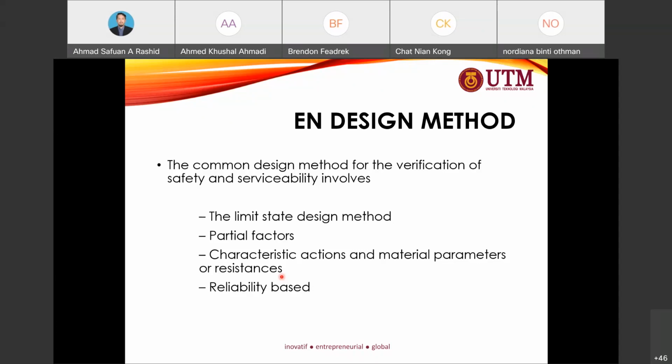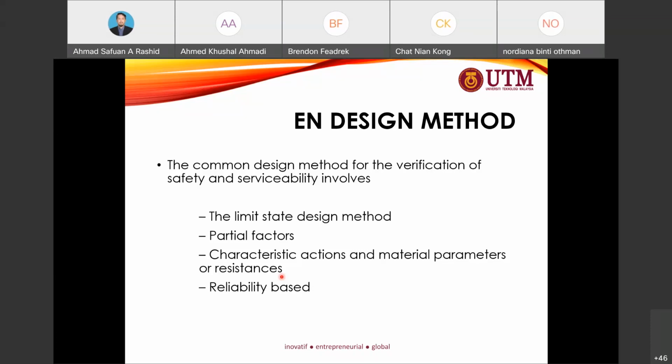In addition, the application of characteristic action, material parameter, or geometry and resistance will be included in the calculation. Then reliability base, which is more related to a statistical approach, is also included in the discussions. At the end, it may reduce the uncertainty in the design, so we can have a better design output.